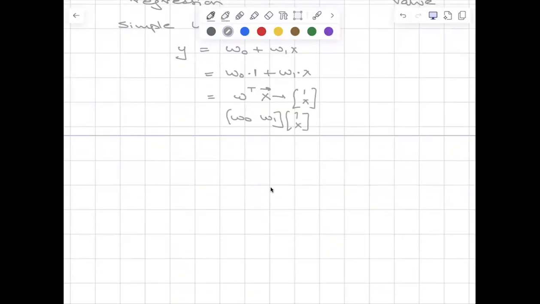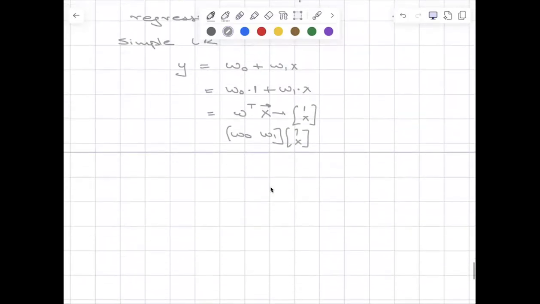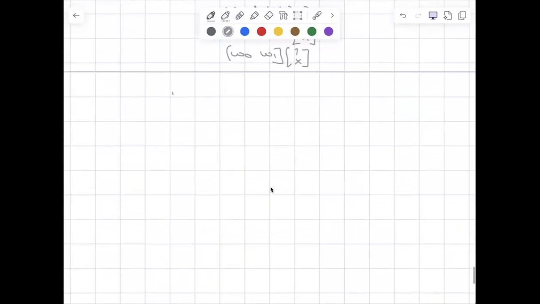Now, suppose I have two variables. So now I don't have x, but I have x1 and x2. In the most general case, this is W0 plus W11 x1 plus W12 x2.